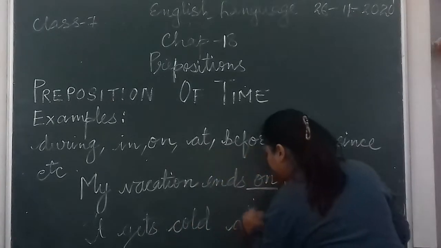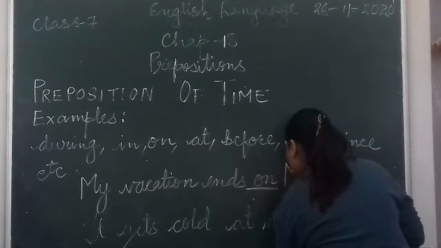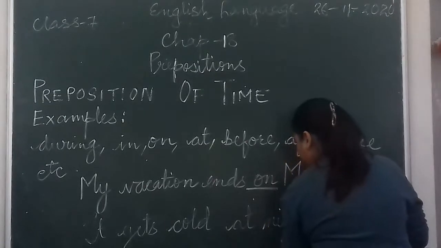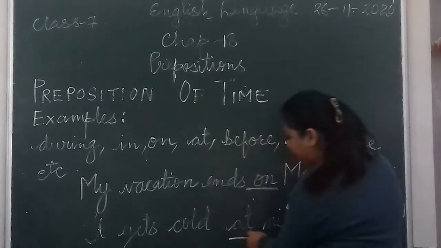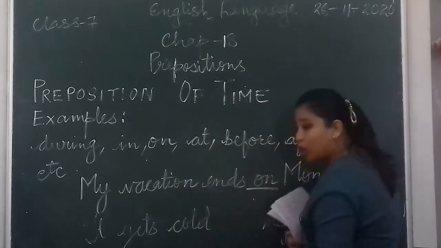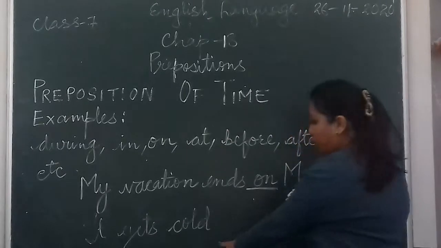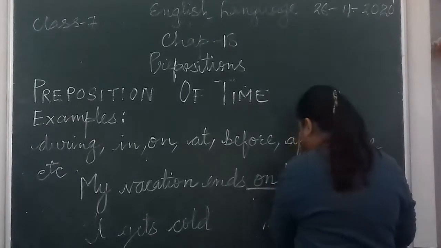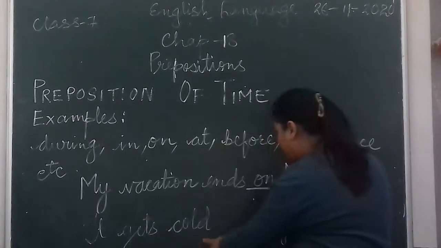Now see, children, if there was no preposition here, this "at", then you couldn't have understood the meaning of this sentence, isn't it? "It gets cold and night."